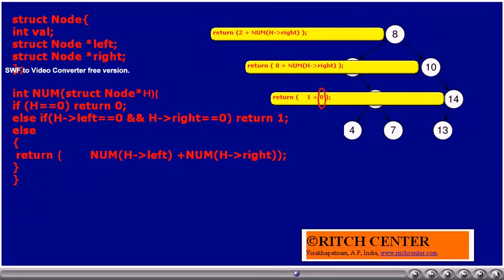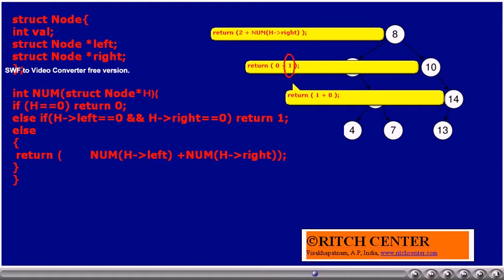Similarly, when we call num(h->right) with the node 14, there is no right subtree, thus it returns 0. The function returns from the node 14. Now we are in the function call whose address is the address of the node having 10.